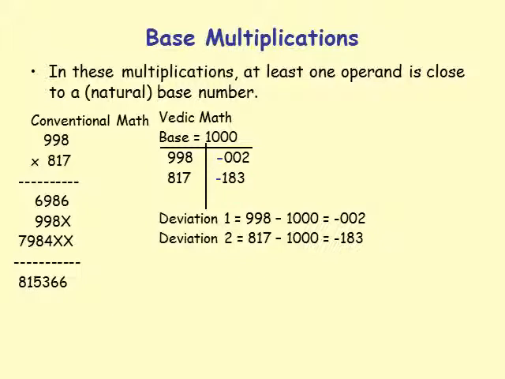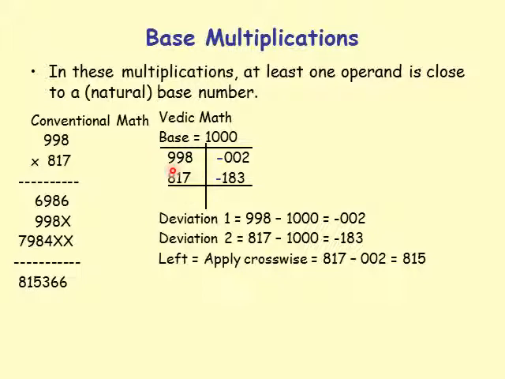Next, we are ready to multiply. We multiply in two parts, left and right. On the left, we apply crosswise. What do we apply? We apply the operation minus on the two numbers 817 and 002. So we do 817 minus 002, which is 815.